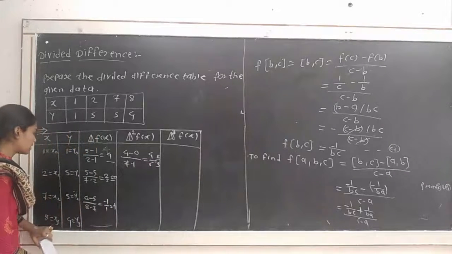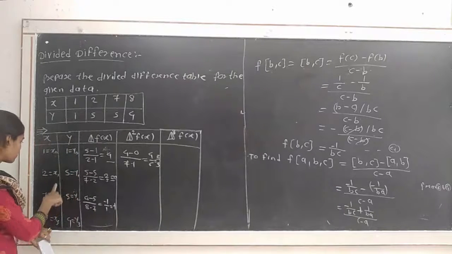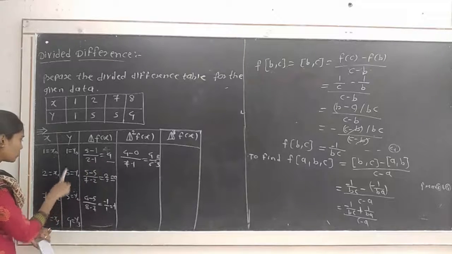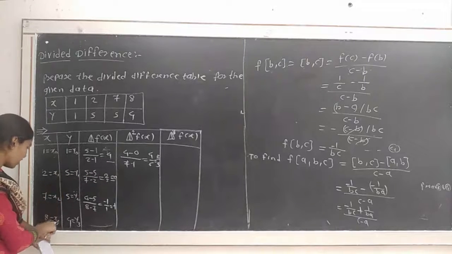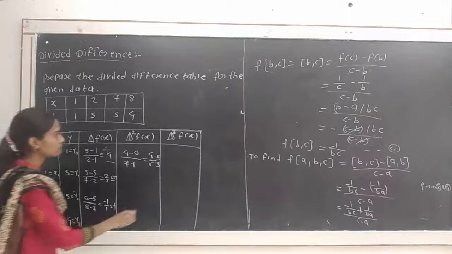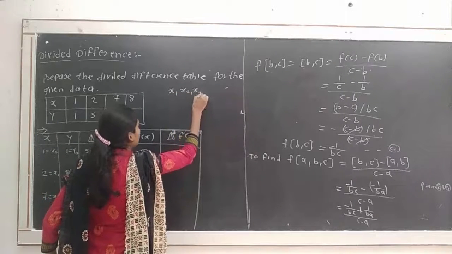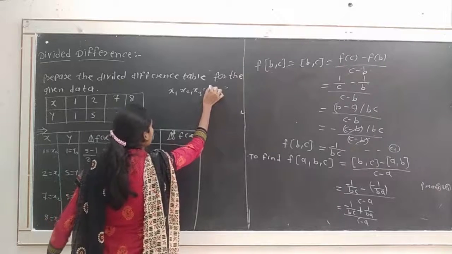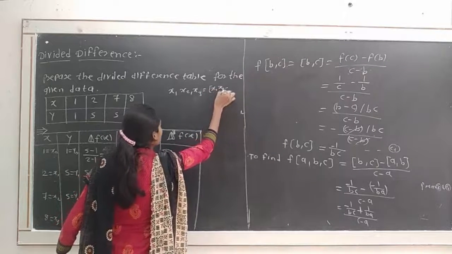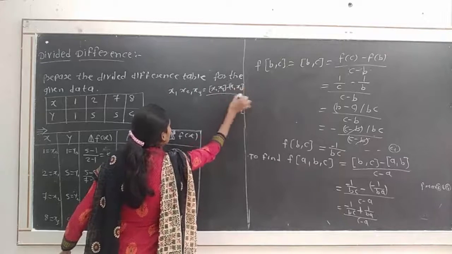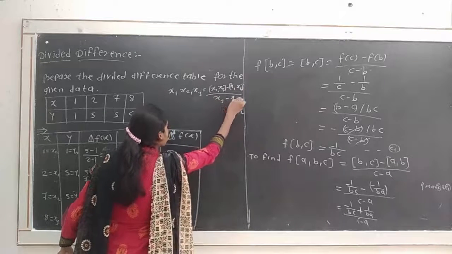Okay. Then next the second divided difference for the argument x1, x2 and x3. We can write it as the divided difference of x2, x3 minus the divided difference of x1, x2, divided by x3 minus x1.